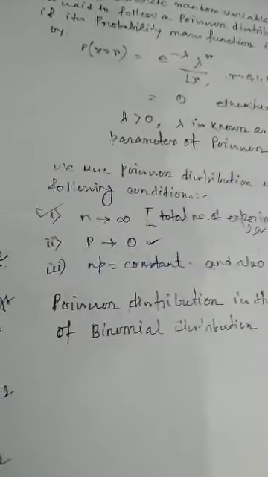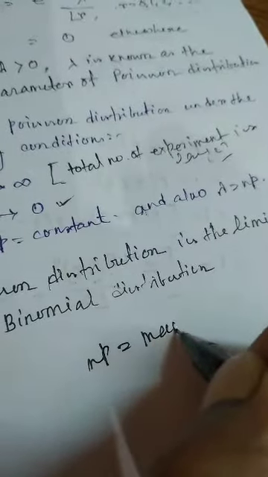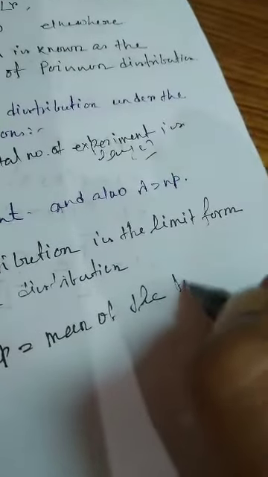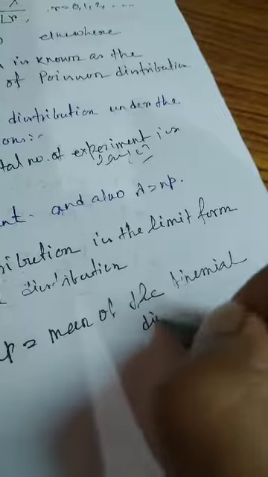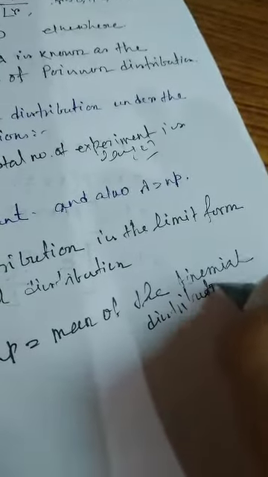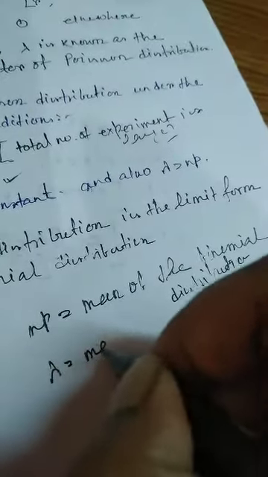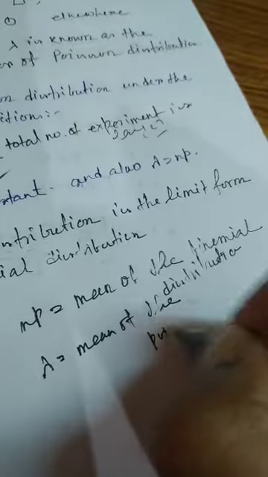And since np is equal to a constant, as we know np is the mean of the binomial distribution, and λ is equal to the mean of the Poisson distribution.